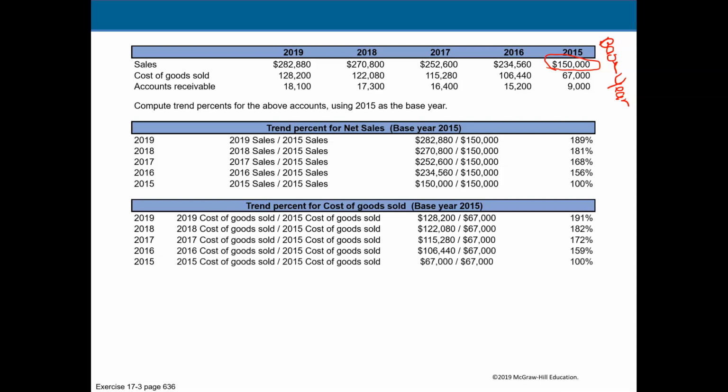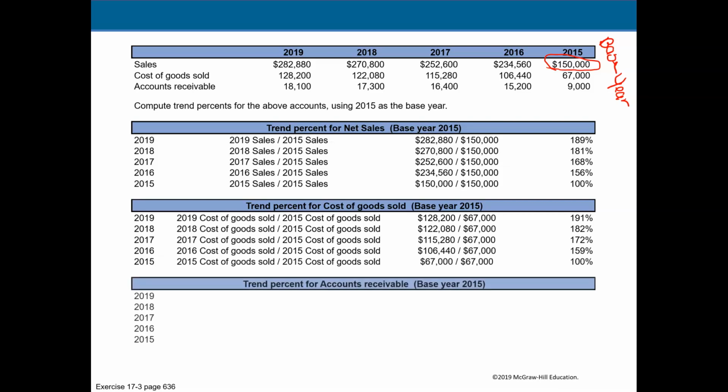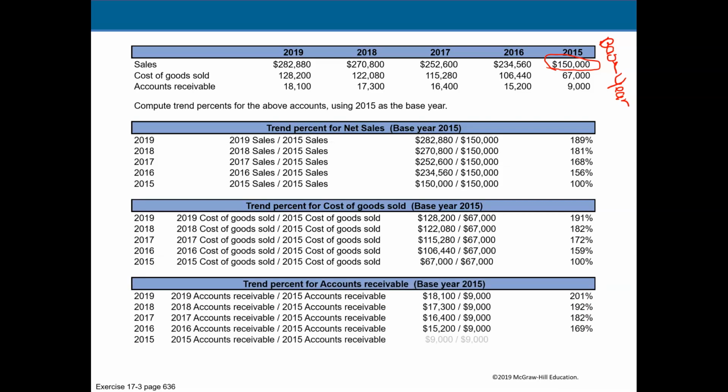And the same thing, when you take the base year divided by the base year, you get 100%. And then I'm just going to put up here what accounts receivable is. It's the same concept. Just take whatever year you're looking at, divide it by the base year, and you will get your trend percentage, the percent of increase or decrease from the base year.